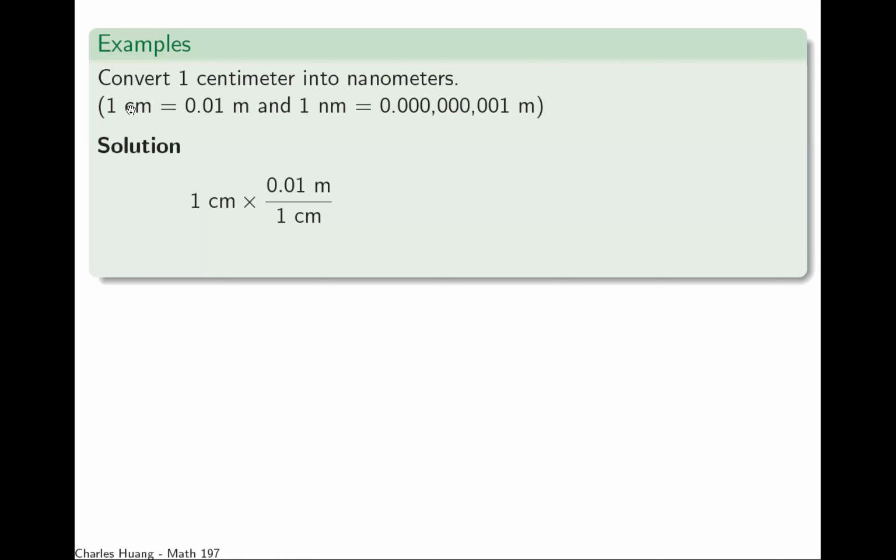And remember to put the centimeter in the bottom in our unit conversion factor. The 0.01 meters will then go in the numerator on the top. Now this will allow us to cancel out the centimeter. So we're left with meters over here.